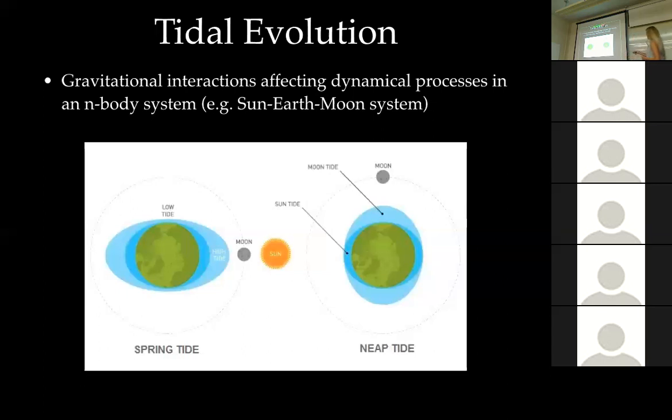I've included a cartoon diagram here, obviously not drawn to scale. On the left, you can see that the Sun and Moon, both their gravitational forces, are working in the same direction. So you have large differentials between the high and low tides, corresponding to the spring tide. However, on the right, you can see that the Sun and Moon are perpendicular to one another, so they're working almost perfectly against one another. As a result, you have less of a differential between the high and low tides.